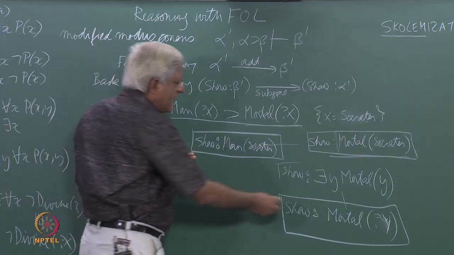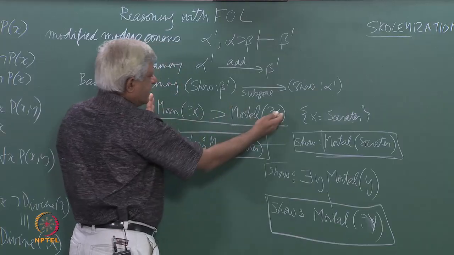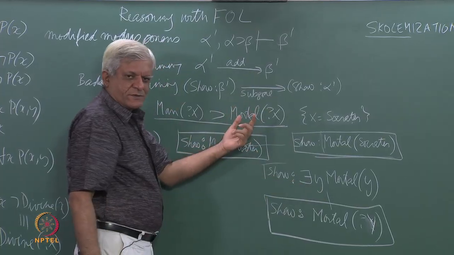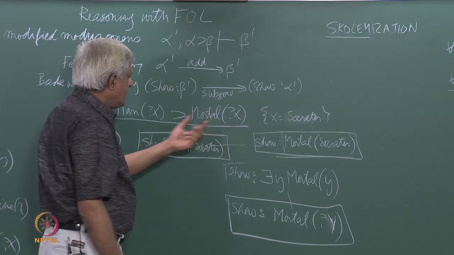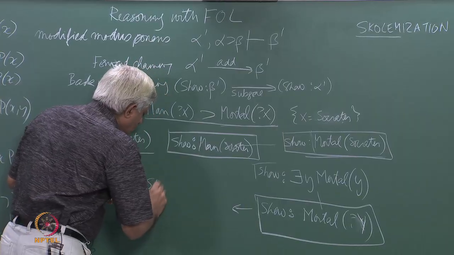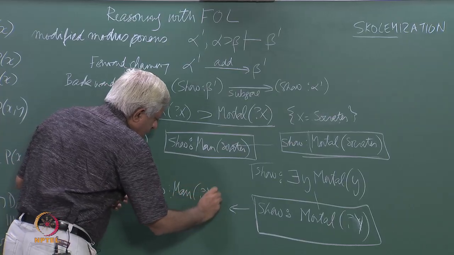So, what do we do? We match this show mortal x with the right hand side of our implication, mortal x. So, we say x equal to y is the substitution we want. So, this becomes mortal y. This gets translated to show man y.